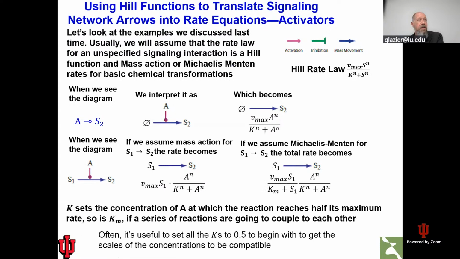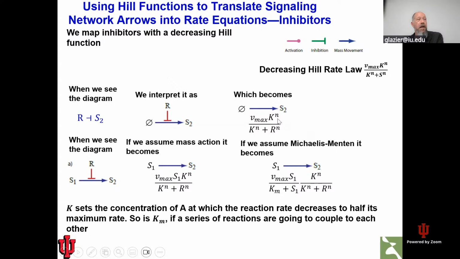So let's look at that. Here I had Vmax A to the N over K to the N plus A to the N. All I do is swap out the A with K, and I've called it R for inhibitor. A stands for activator. I'm not sure why R stands for inhibitor, but that's the standard notation.